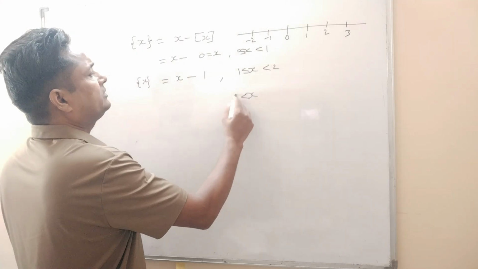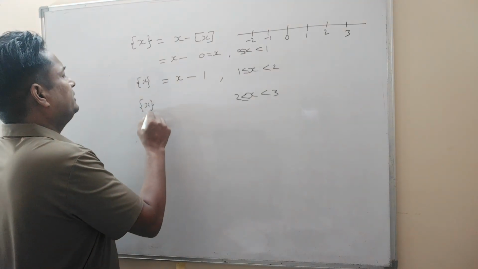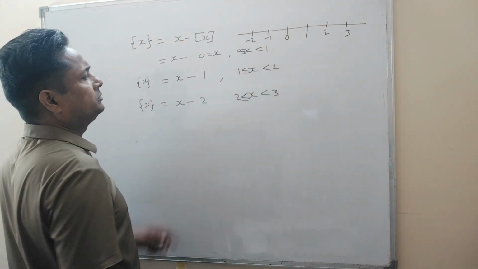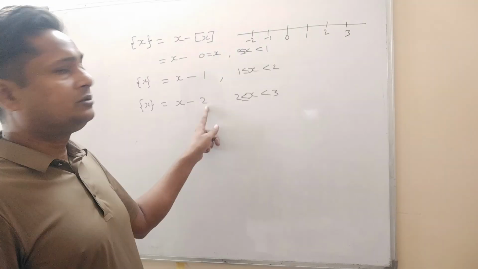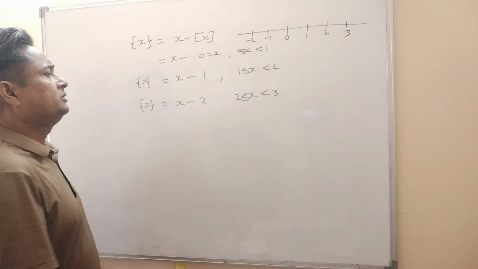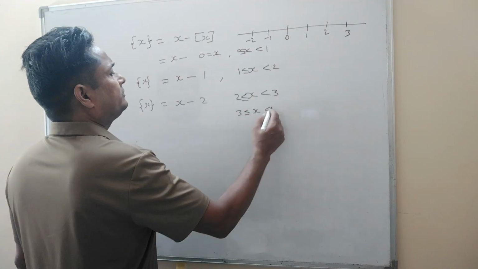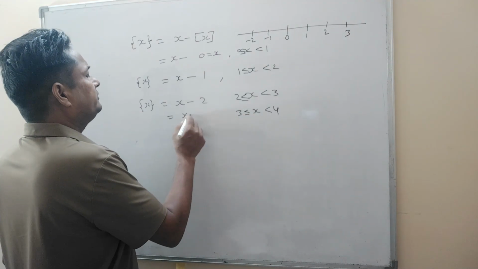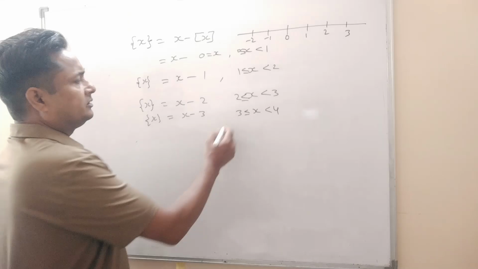Similarly, if you take 2 to 3, then fractional function x will be x minus 2, because in 2 to 3 greatest integer x gives the value 2. If we take 3 to 4, then it will be x minus 3, and so on.